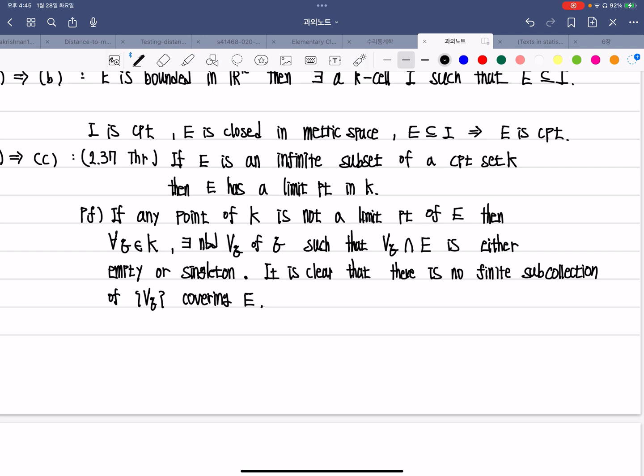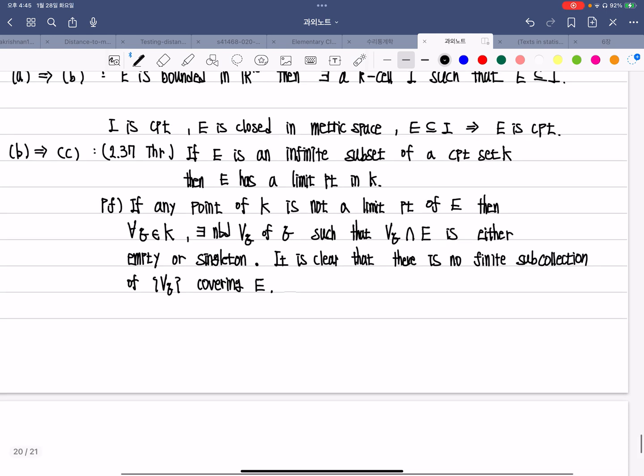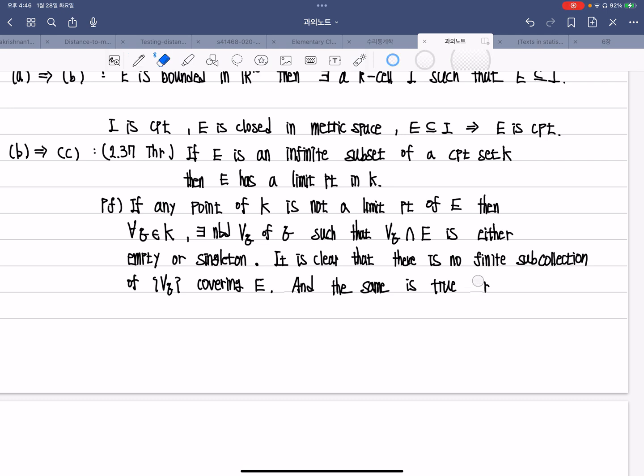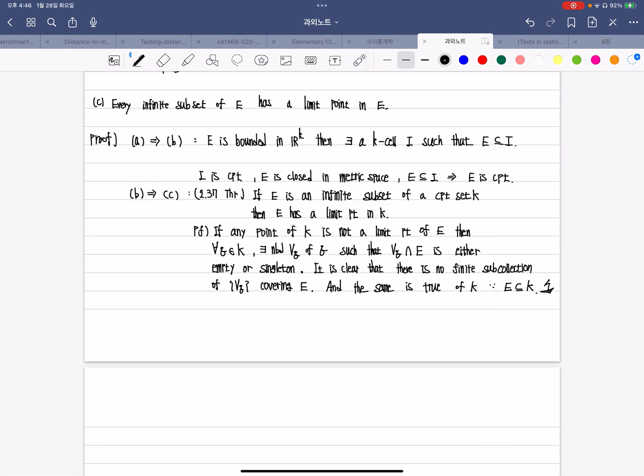Because E is an infinite subset, and the same is true if E is contained in K. But this is a contradiction because K is compact. Okay, we are done.